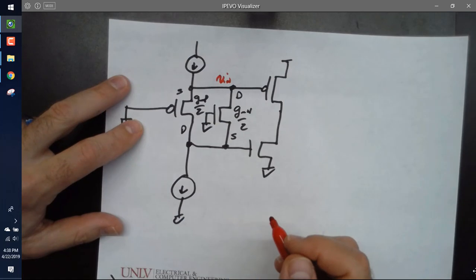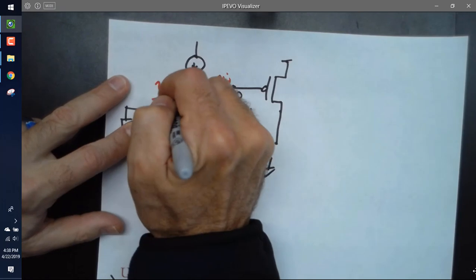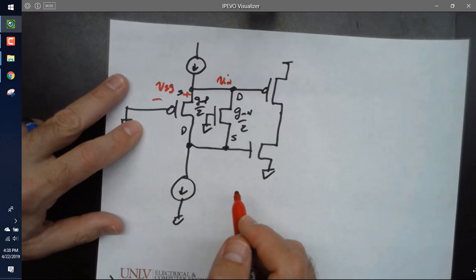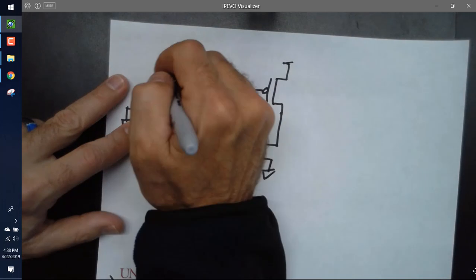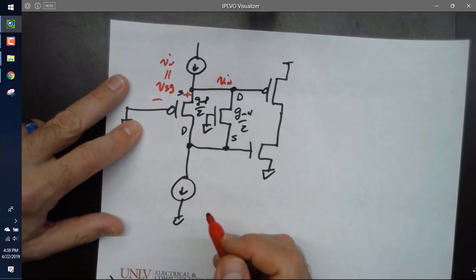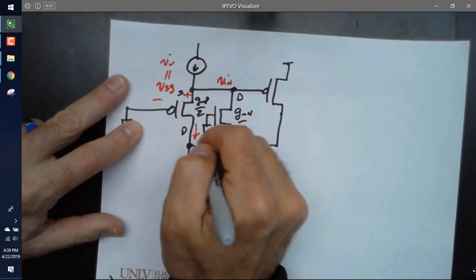All right, and I'm going to say here is VSG. And what is VSG for AC here? VN. All right, so what's the current that flows here?